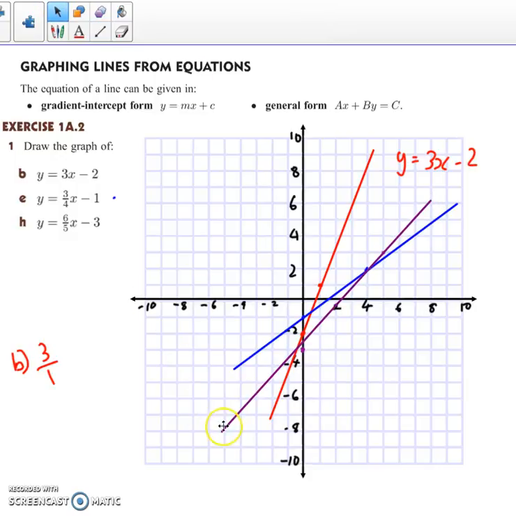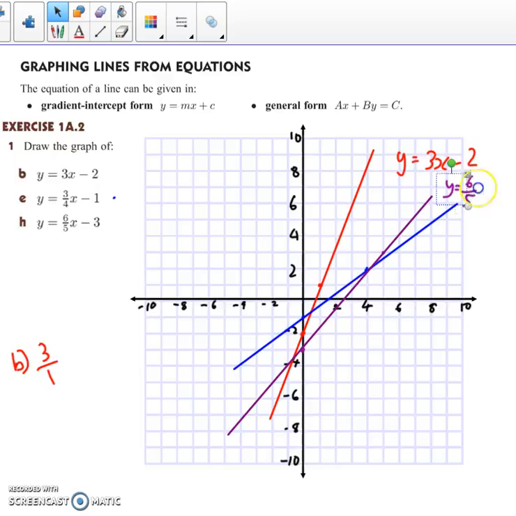We'll fix that one up. And there we go. So we've filled them in. So now for that one, we'll just make sure that we fill in the rule, which is y is equal to 6 over 5x take 3.